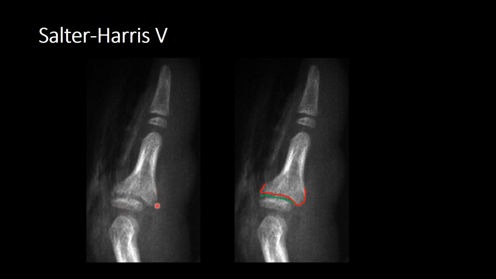In fact, in this case, the metaphysis is displaced so far volarly in comparison to the epiphysis. So we can really see how this injury has caused the metaphysis to crush down into the physis and cause this really bad disruption.